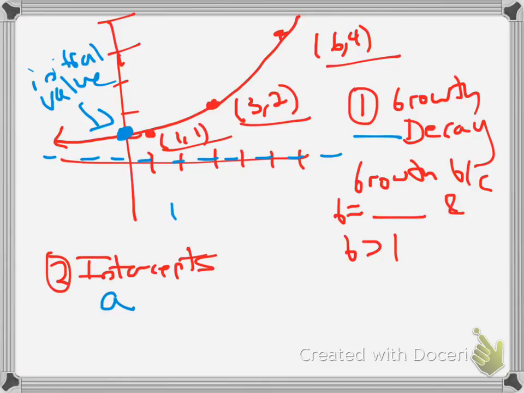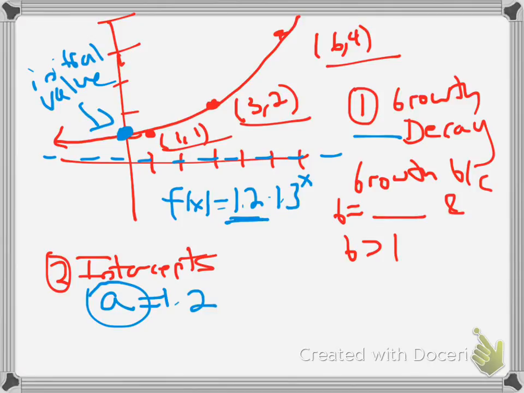So if my equation, let's say, was f of x equals 1.2 times 1.3 to the x, that 1.2 right there, let's say this is the equation of this graph, would be my a value, which is my y-intercept. So in this case, I know that my a value is 1.2. That would be from my equation. I then know that my y-intercept is located at (0, 1.2). Super easy. That's my start value.